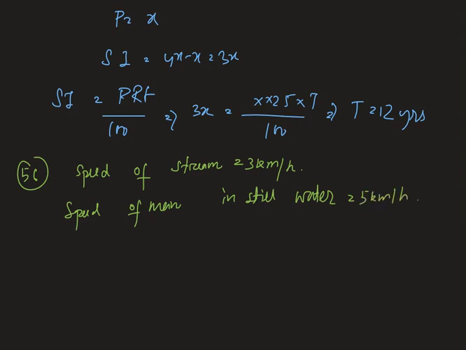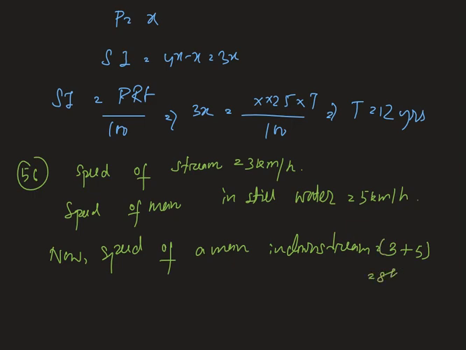Now the speed of a man in downstream will be 3 plus 5, which is 8 km per hour. Therefore, the speed of a man in downstream is 8 km per hour.